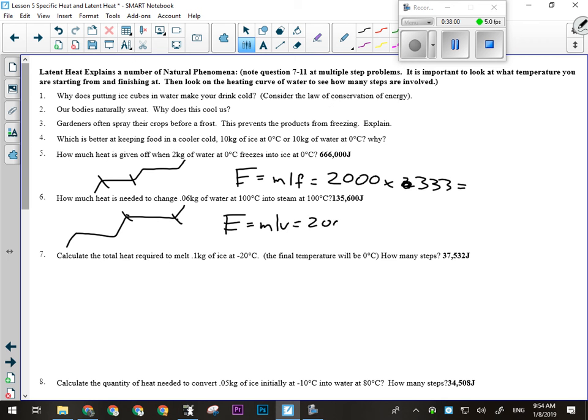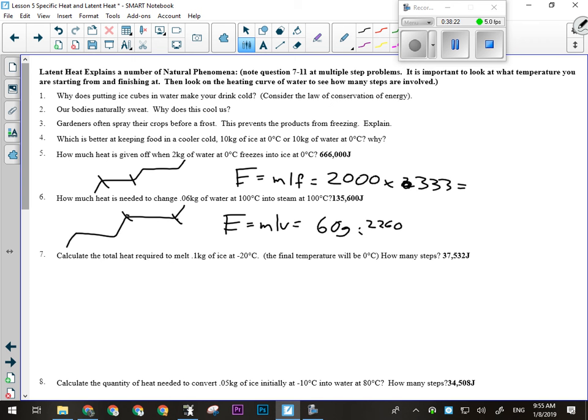So that's 2,000 times 2,260. Sorry, not 2,000 grams. It's 0.06 kilograms, so that's 60 grams, times 2,260 gives me 135,600 joules. So fairly easy calculations.